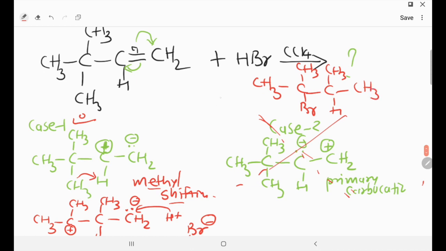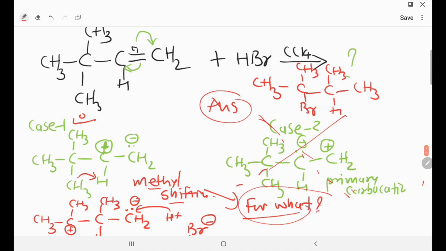Clear? This is your answer. What did we do here? We did methyl shifting. Why did we do this? To form a stable carbocation.